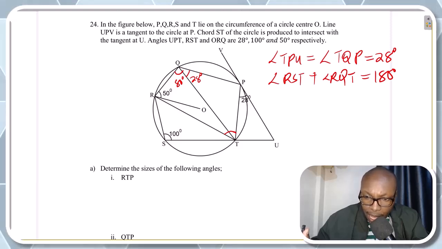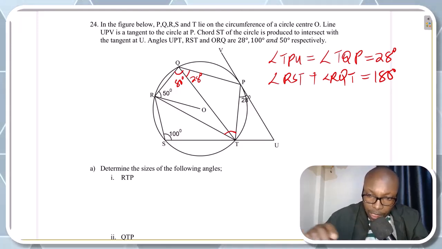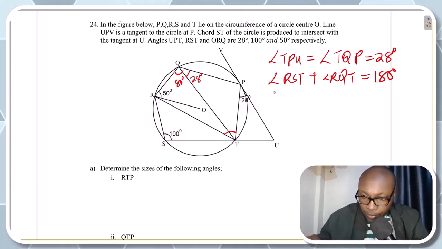Now, once we've done that, there's something else I can do. Look at the center: O is the center of the circle. Let me see whether, so far, I'll be able to get angle RTP. Yes, I can get that by considering this quadrilateral RTQP.